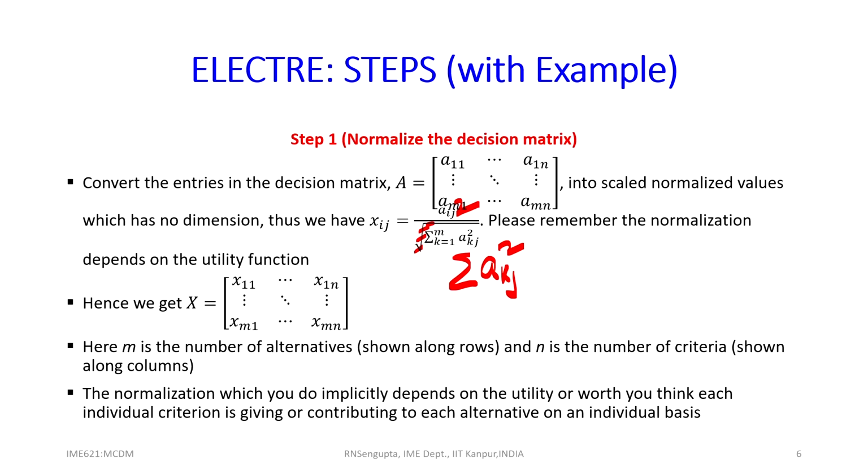So, once we get the normalized vector, please bear with me as I repeat this point: here m would be the number of alternatives, n will be the number of criteria. If I read the second last bullet point, m is the number of alternatives shown along the rows and n is the number of criteria shown along the columns. The normalization which you do implicitly depends on the utility functions or the worth which the decision maker thinks accrues to each and every alternative based on the criteria he or she is analyzing.